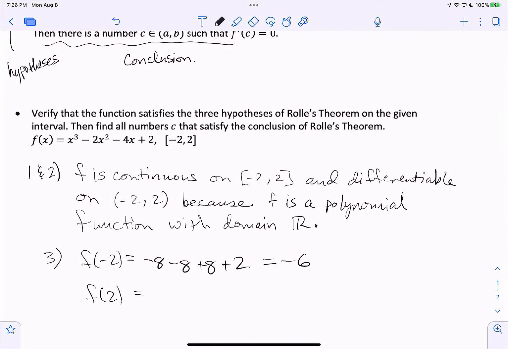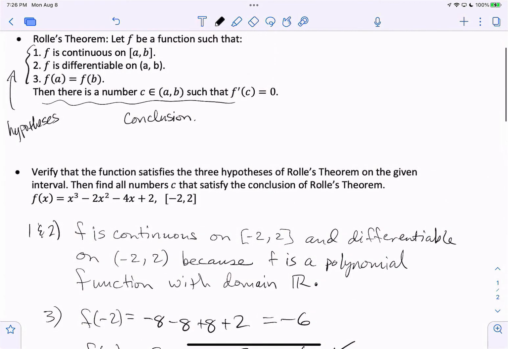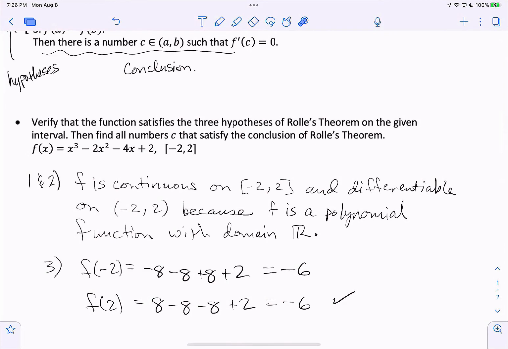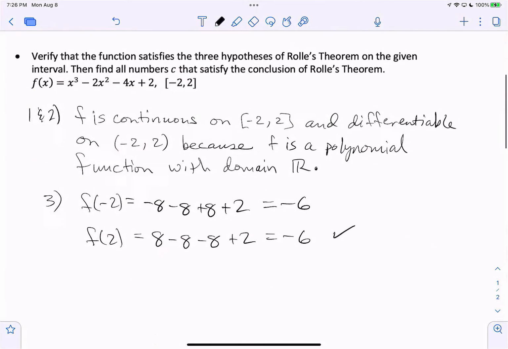We actually compute it: 8 minus 8 minus 8 plus 2. Oh, look at that. It's -6. So now I've shown all three hypotheses have been satisfied. Now I know there's a number c between -2 and 2 such that the derivative of f is 0 at that number c. Now we find it.